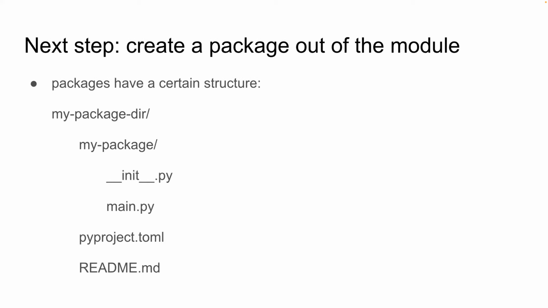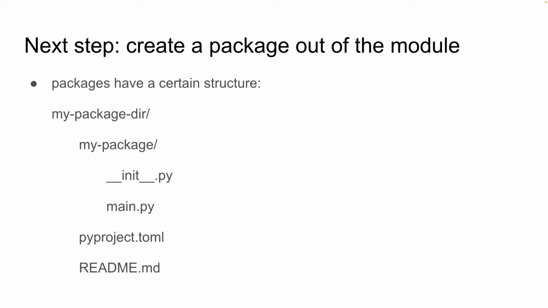So this is how the structure of the package looks. You have the top directory, the root directory, then you create the directory named the same as your package. You put a file called __init__.py in that to signify to the Python interpreter that this is actually a Python package. This is not just any directory. And that's where your main.py is going to live now.